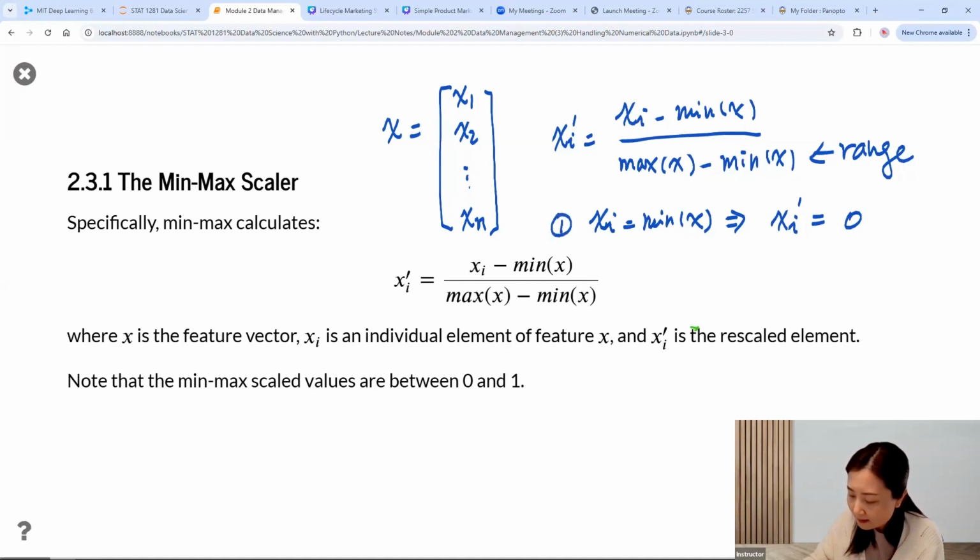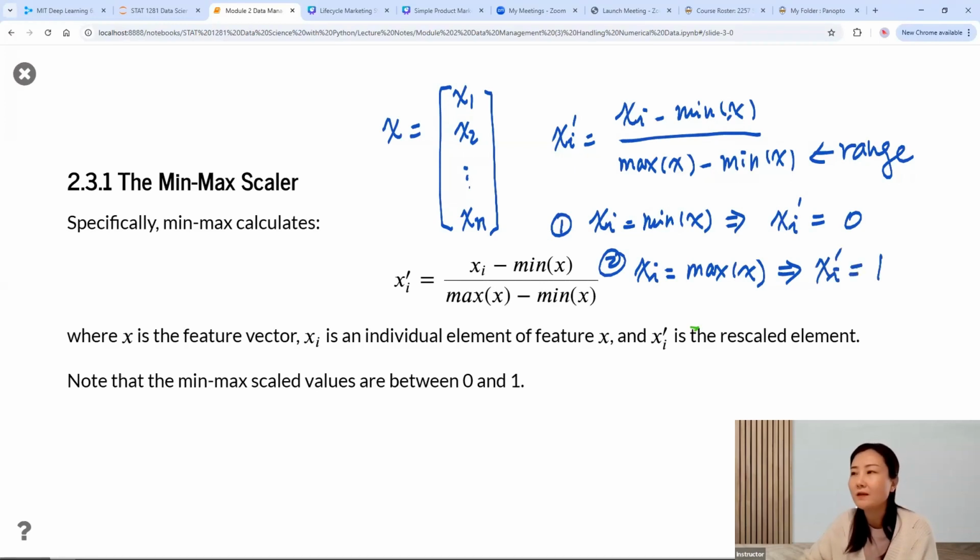And this is one case. Another extreme case: xi is equal to maximum of x. Then you see the numerator will become max of x minus mean of x, right? Then xi prime will equal to 1. The numerator and denominator are equal.